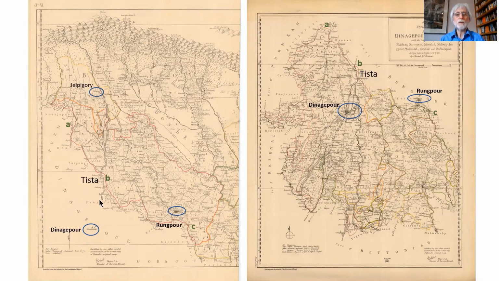You can see from the fact that the towns have been identified on both sheets, but I've also put A, B, C in green to show that the bottom edge of the mapped area in the left-hand sheet is the top edge of the mapped area in the right-hand sheet.